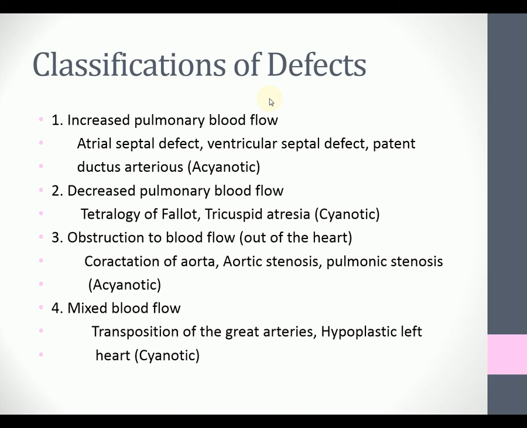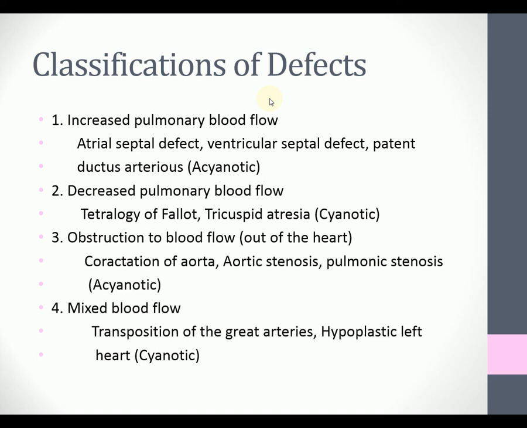Then the mixed blood flow, of course, is the transposition of great arteries, truncus arteriosus, and one of the heart diseases that fascinates me most is the hypoplastic left heart. When I was learning about all these classifications of defects, a lot of these were considered incompatible with life, and there was nothing we could do about them.